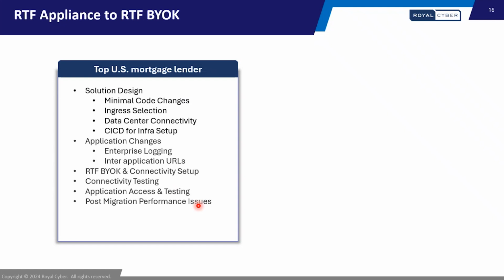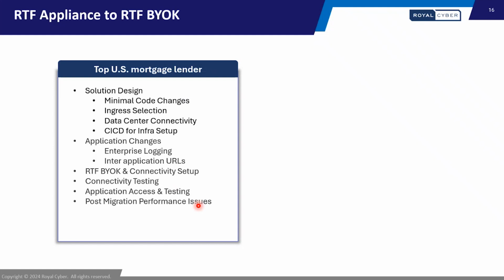There was a challenge here: the client was expecting us to do this migration with minimal or zero code changes, because the development team was already busy with high priority feature implementation, and they didn't want to assign resources for any changes.